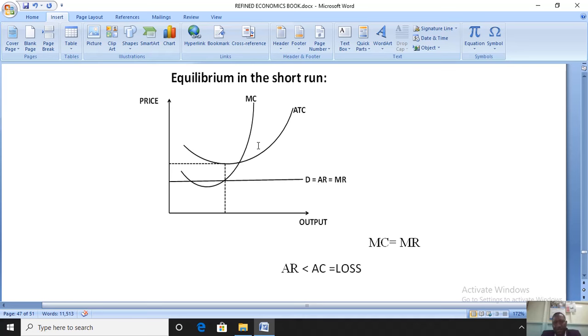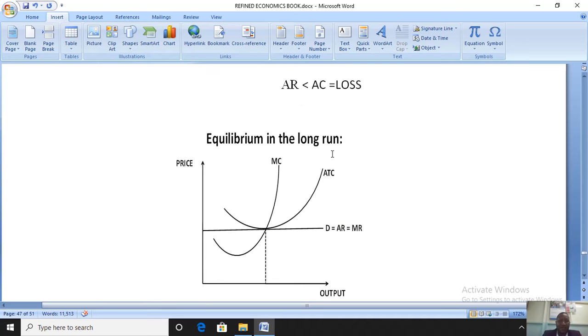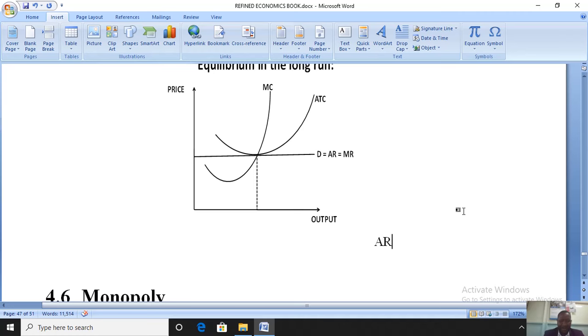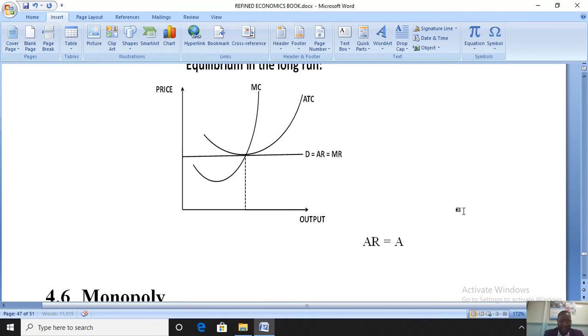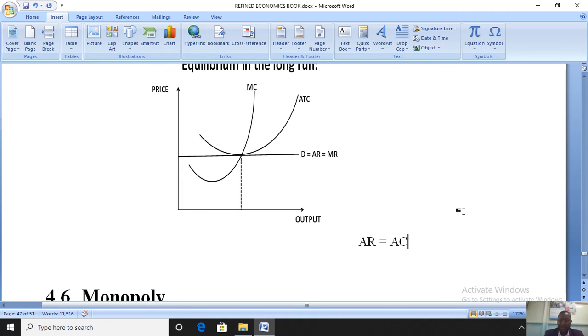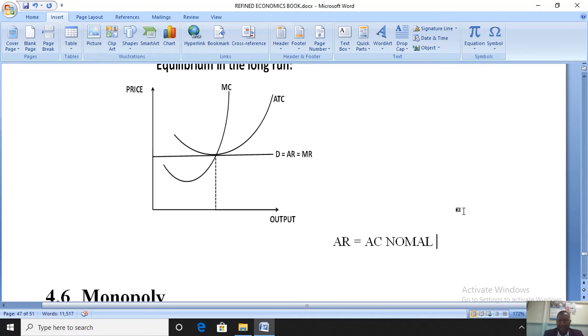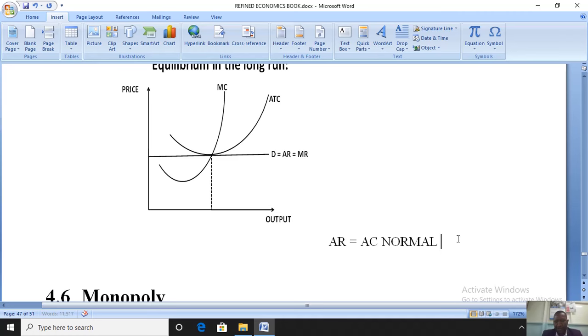So what we expect to happen in the long run is that firms will be making normal profits. What we mean by normal profits: we look at the profit maximization level, and if at that point AR equals AC, that means the firm is making normal profits. So that's the normal profits area. Normal profits.